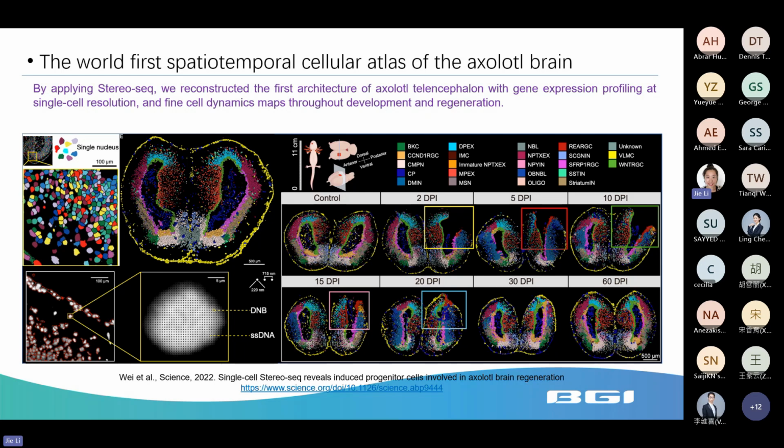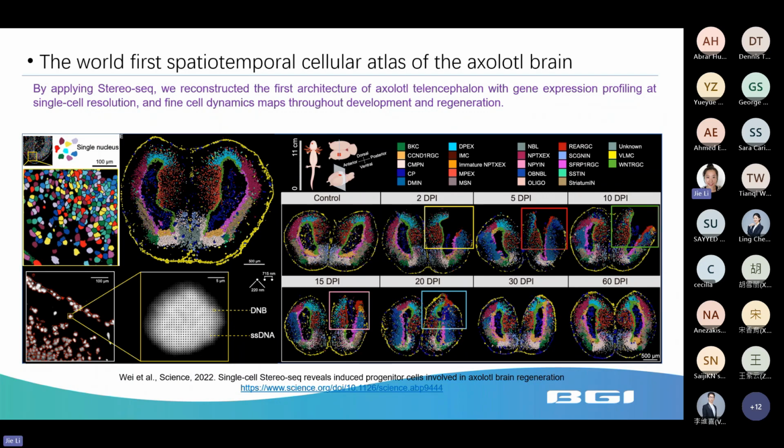So in this research, the axolotl telencephalon samples were taken at different developmental stages. Here it says stage 44, which is first feeding after hatching, and stage 54, which is completion of the forelimb growth, and stage 57 was the completion of the hind limb growth, and also the juvenile, adult, and metamorphic stages.